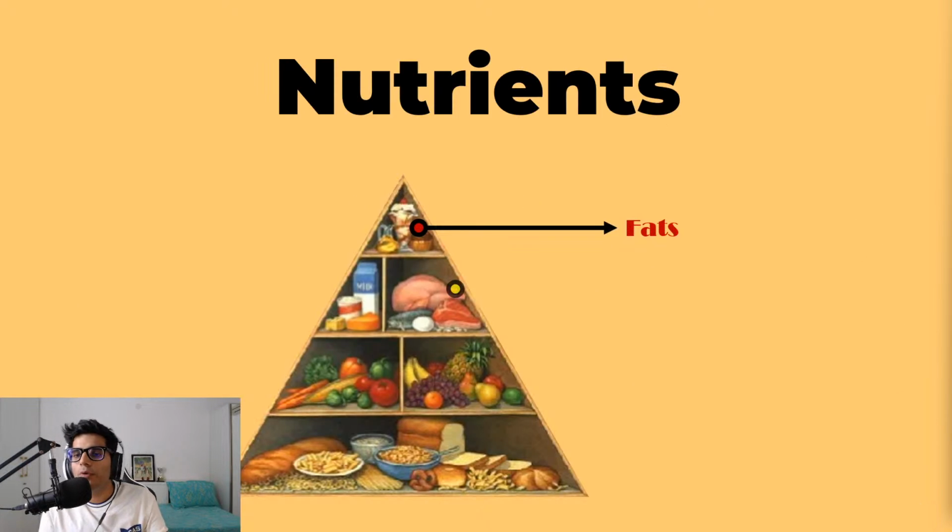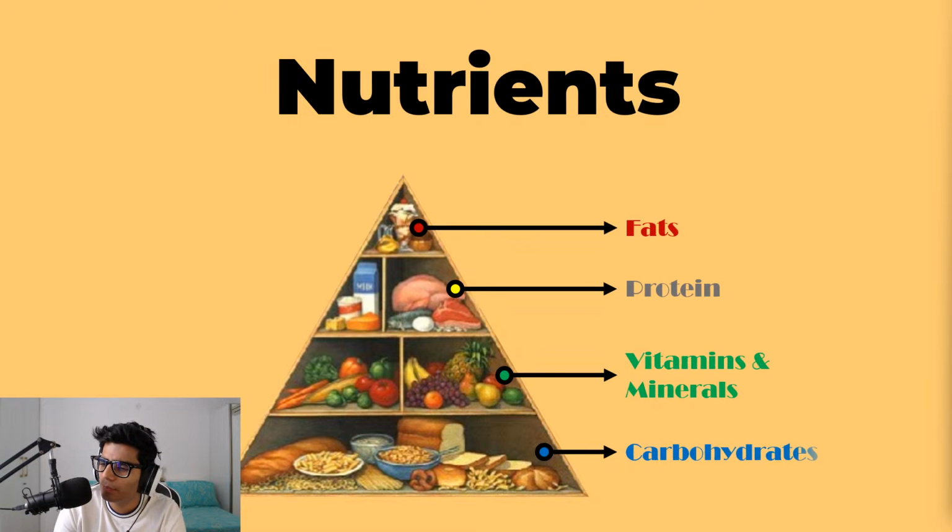All right, so let's talk about nutrients. We all have heard about this. Whenever we go out to buy a packet of chips, or anything food related, there is a section on the backside which tells us about the fats, the protein, the vitamins and minerals, the carbs in a particular packet of chips, right? So nutrients: we have fats, proteins, vitamins and minerals.